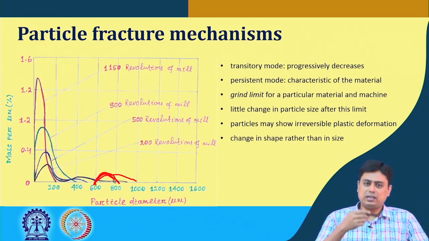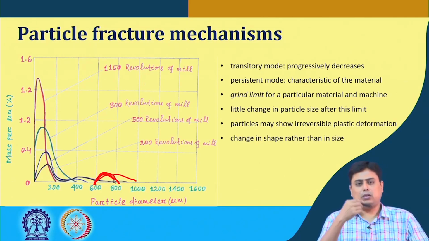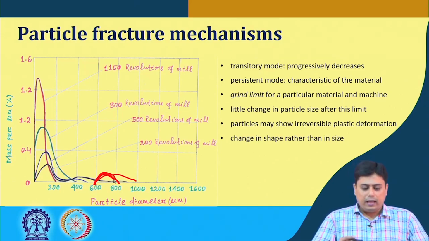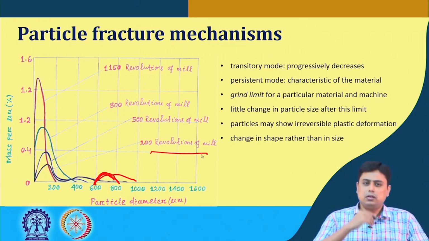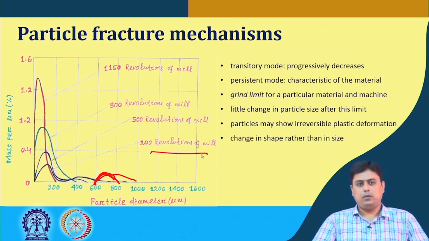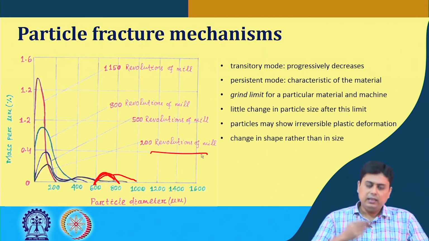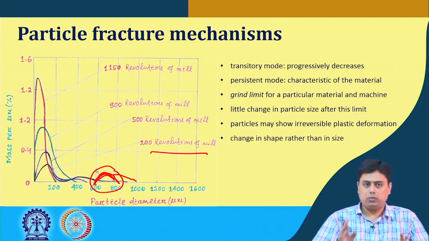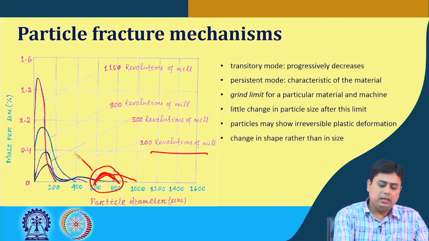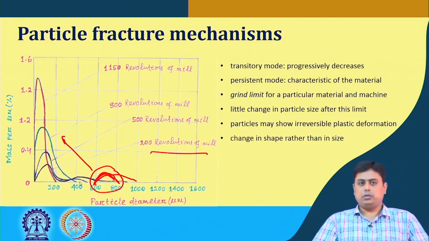Now, this crushing has its intensity depending on the rate of application of load on the particles, or the impact on the particles. So, it has been seen that the revolution of the mill means this intensity rate of the equipment. As it increases, from this big size particle, or from where we started, it goes in this direction, this size distribution.